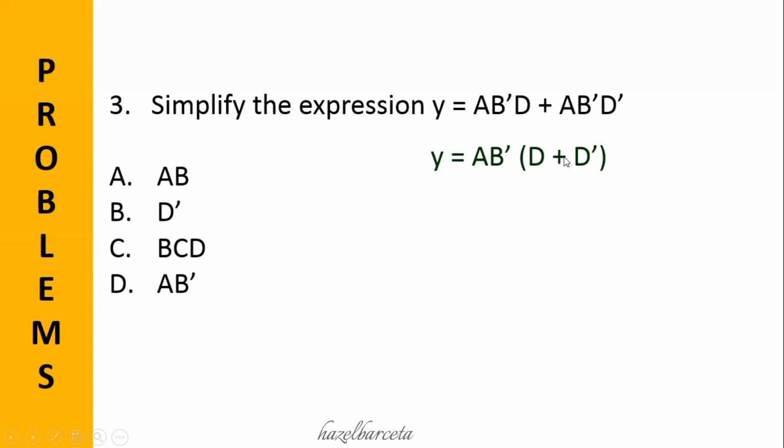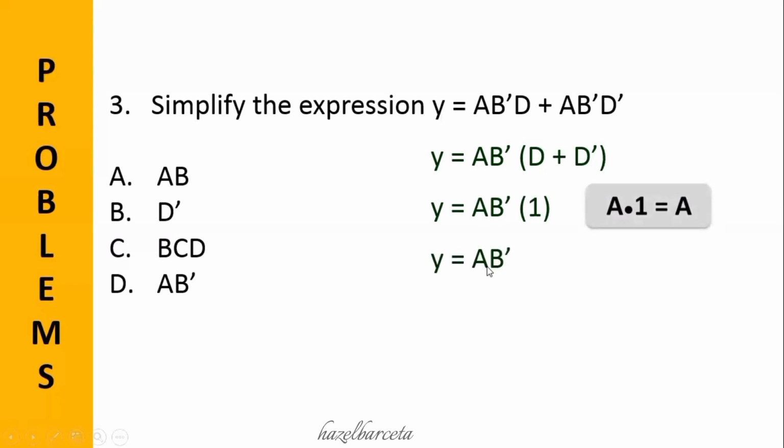Dahil plus, it is OR law para sa A plus A prime, which states that A plus A prime is equal to 1. Therefore, magiging po siyang AB prime times 1. But we also have that law, A times 1 is equal to A. So, therefore, the answer is Y is equal to AB prime, letter D.